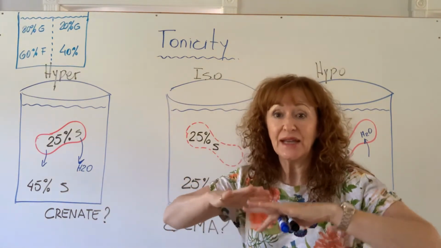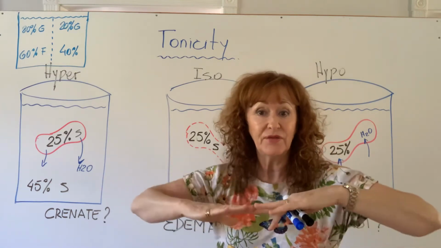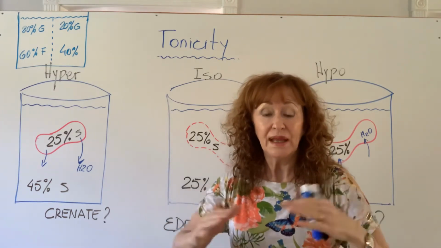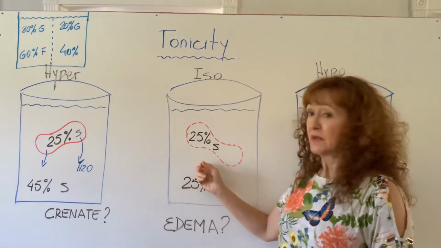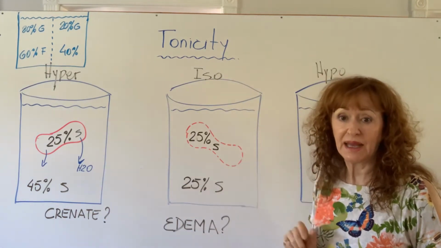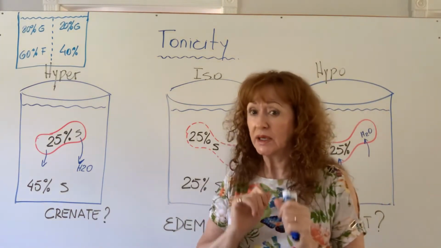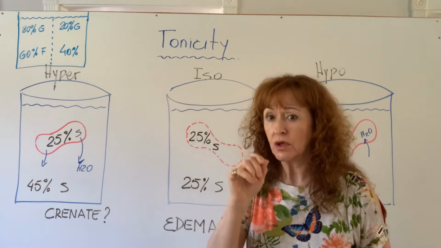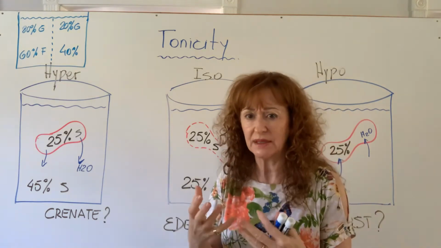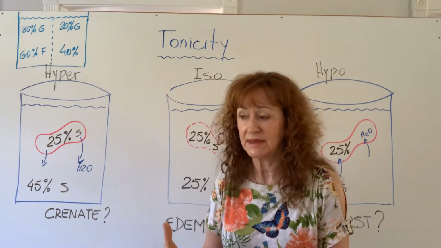As long as it takes to keep the balance, 50-50. When they reach the 50-50, the movement of water stops because they become isotonic.